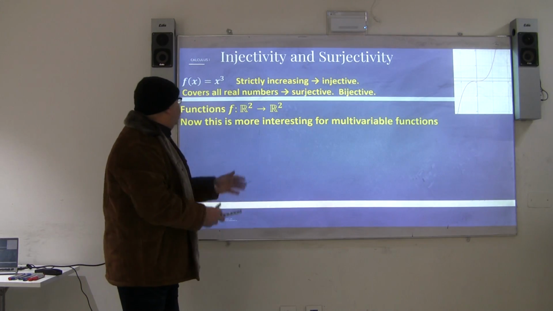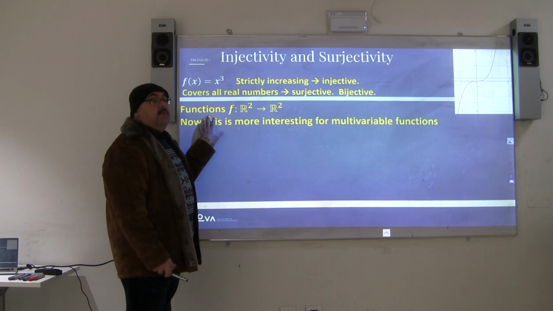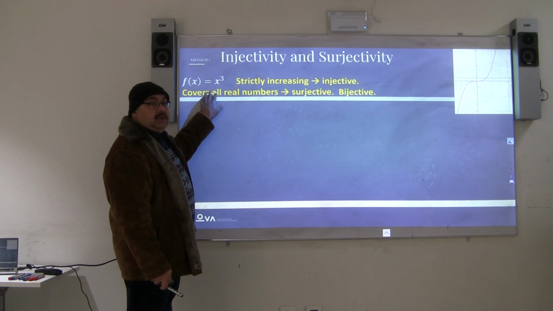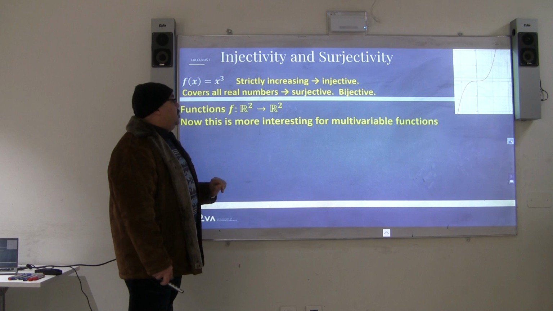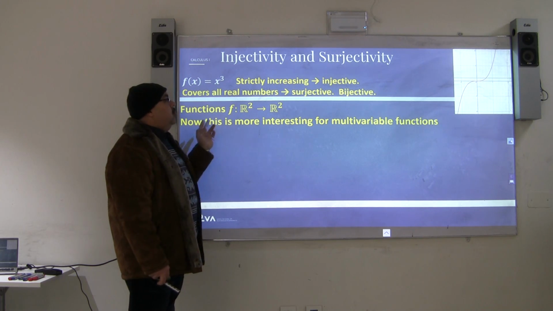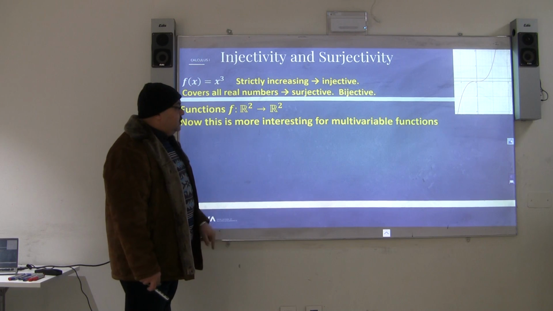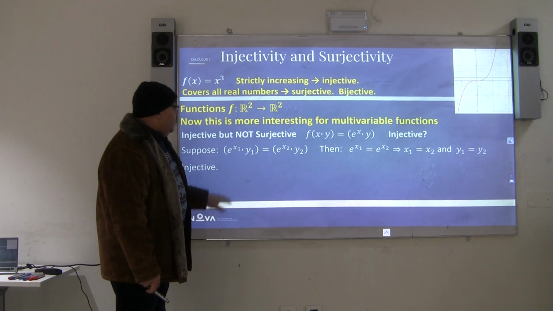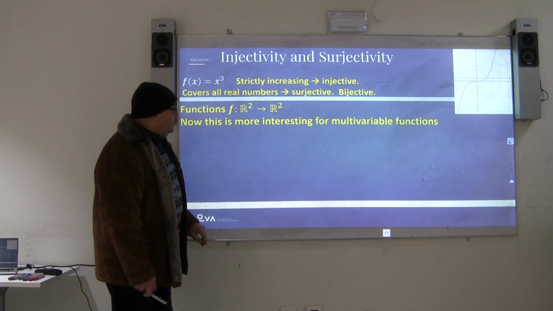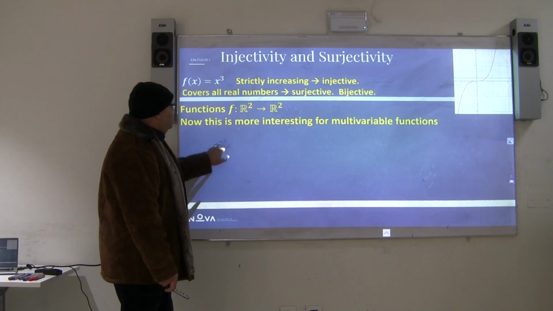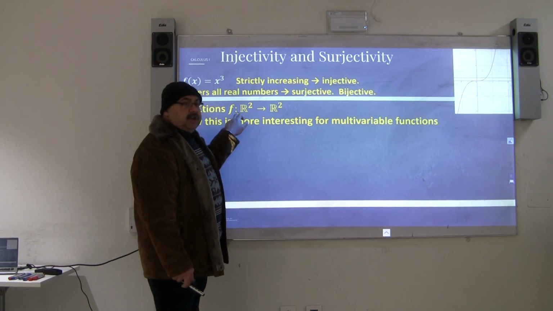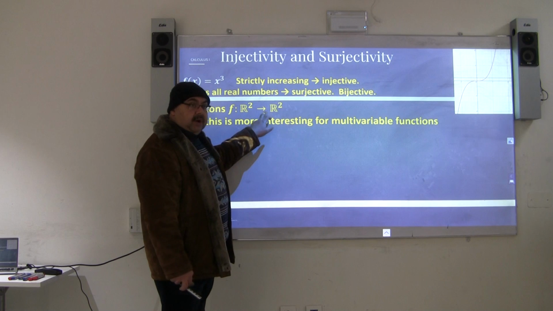Now I want to move from single-valued functions into functions in several variables or vector-valued functions, like this bunch of examples that you will see. In this specific problem, you will see an application from R2 into R2.